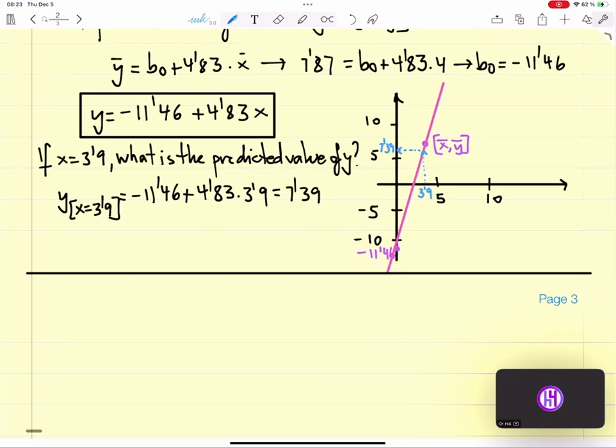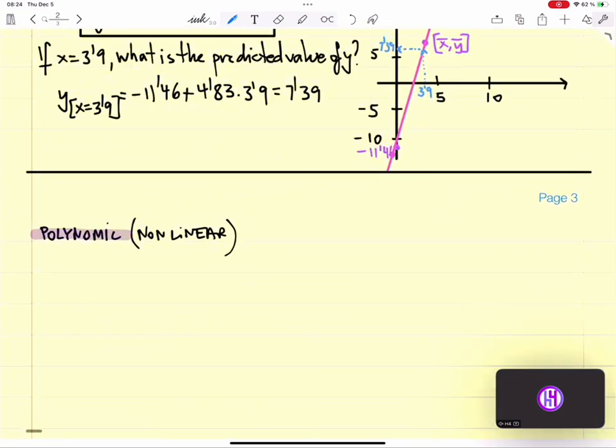Okay, so now we've got the second thing, nonlinear or polynomial regression. This is a little bit trickier, not a lot trickier.